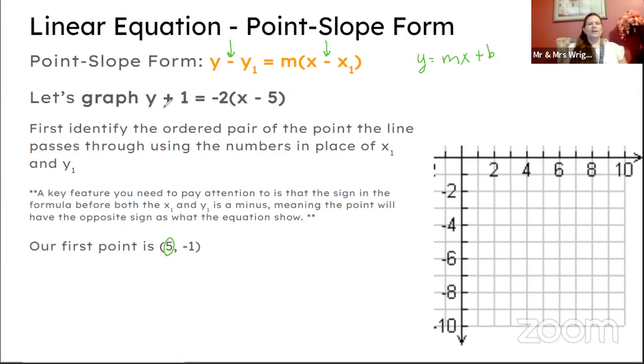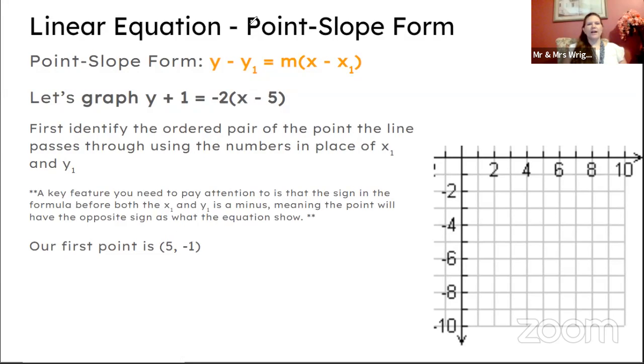And here I have a +1, but I need the opposite of that, so I have a -1. So the first thing you're going to do is identify your first point. You do that by taking the opposite of the number that's in the x1 spot and the opposite of the number that's in the y1 spot.